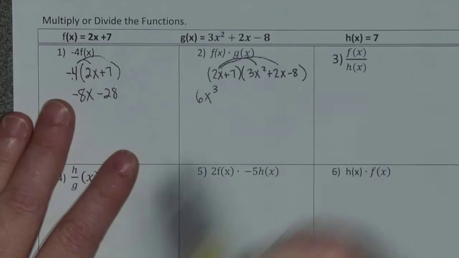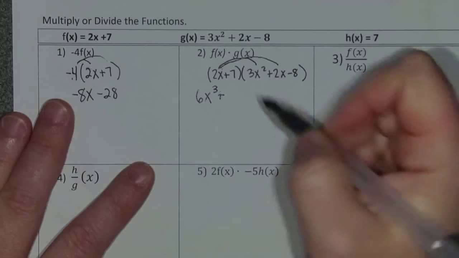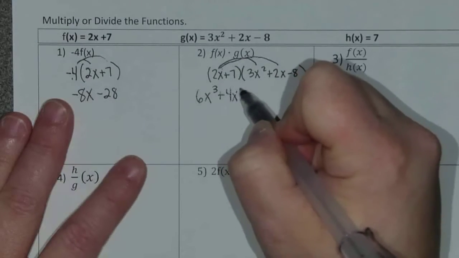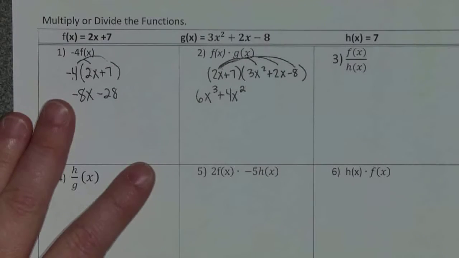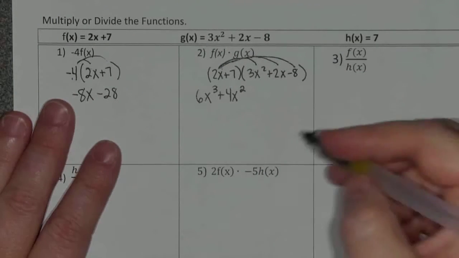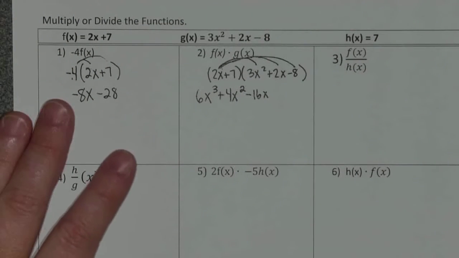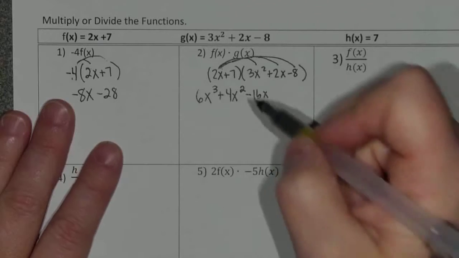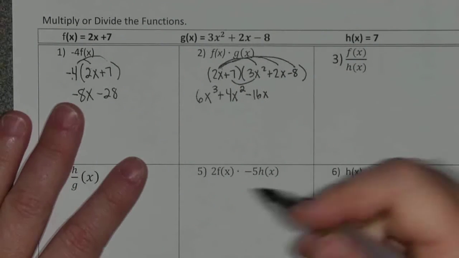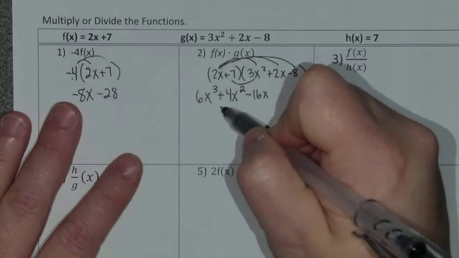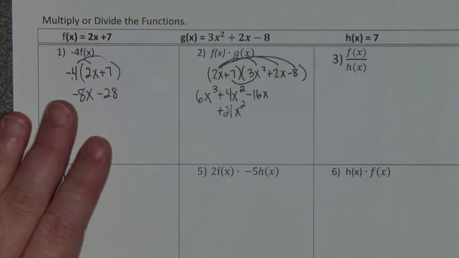Then 2x times 2x. 4x squared, good. And then 2x times the -8. Perfect. We're not done though, because we still have to take that 7 through to everything, right? So 7 times 3x squared. And do you guys remember how I said I like to stack my like terms?